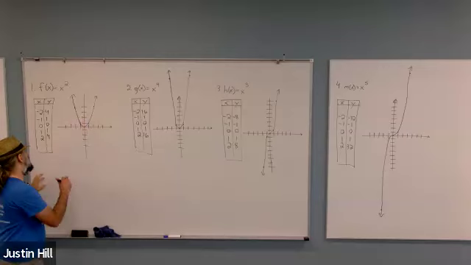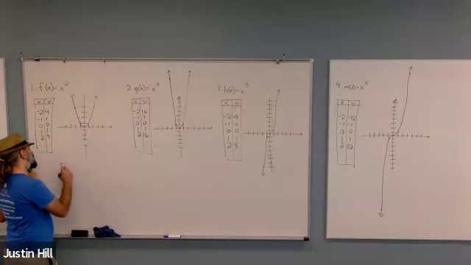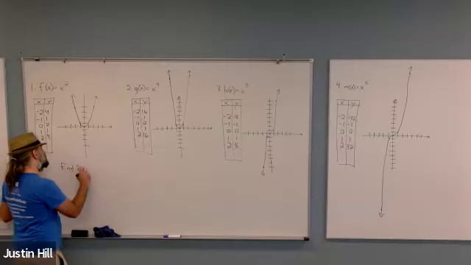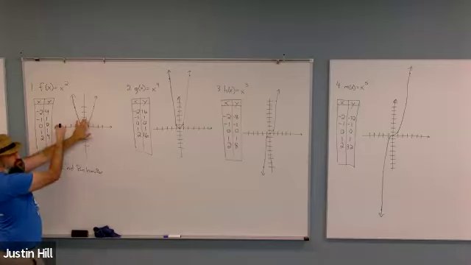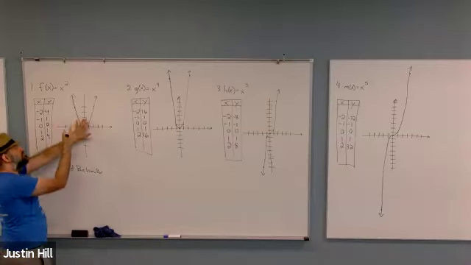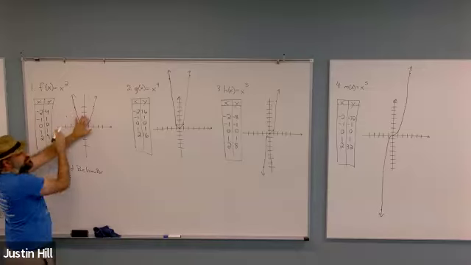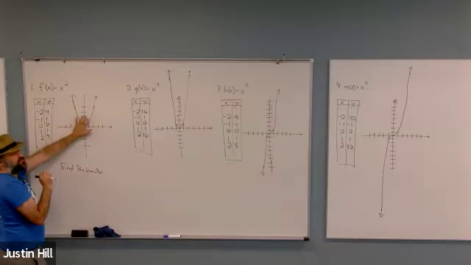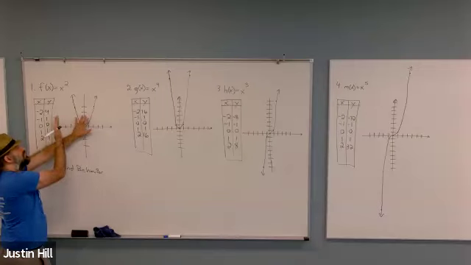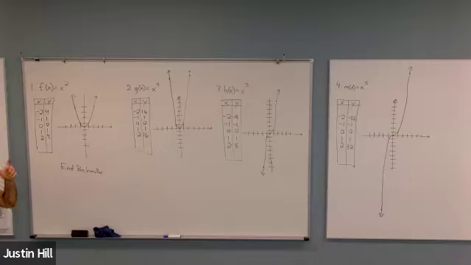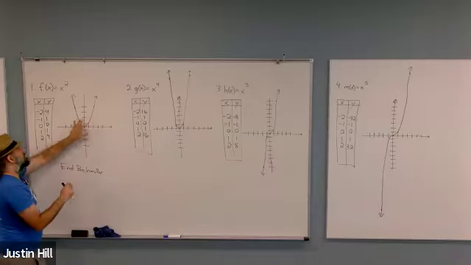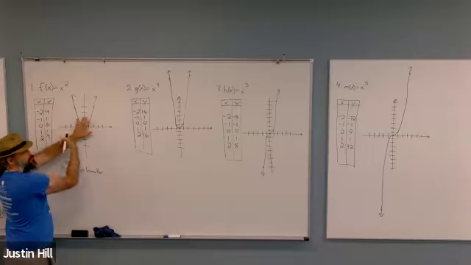So for instance, on x squared, as I'm going left, as I look at the left end of the graph, in terms of up and down, which direction is it going? It's going up. You need to know which direction I'm looking for. So the left end of the graph is going up.